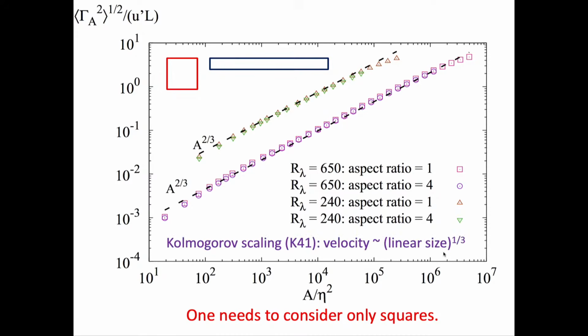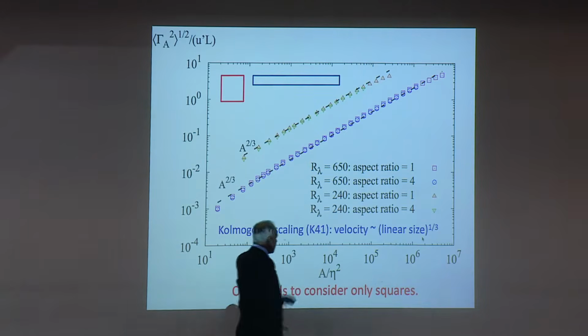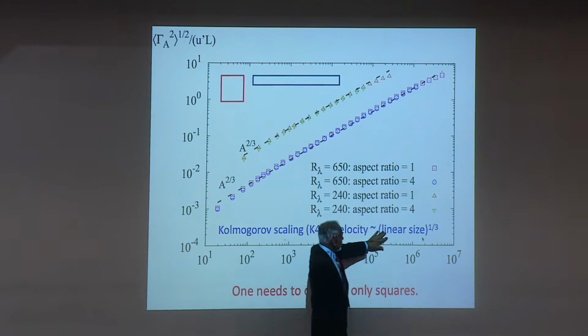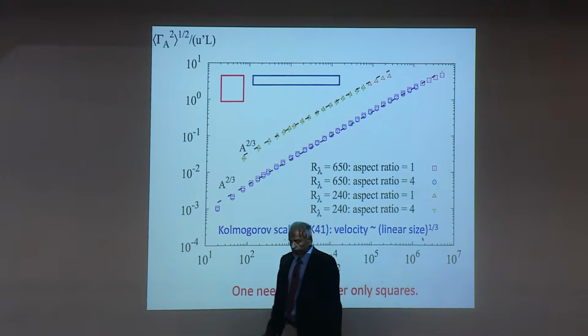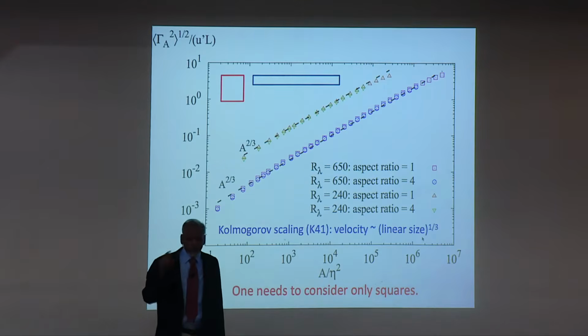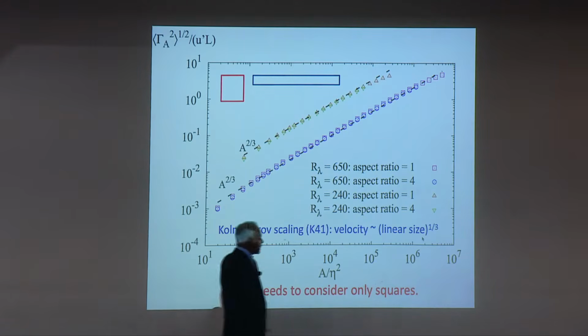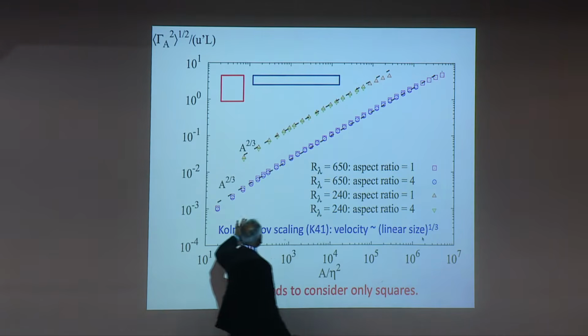Also, in the classical Kolmogorov scaling, which I call K41, for 1941, so many years ago, velocity is scaled like the linear size to the power 1/3 in turbulence. Therefore, circulation, which is velocity times length, will have to go like the linear size to the power 4/3.